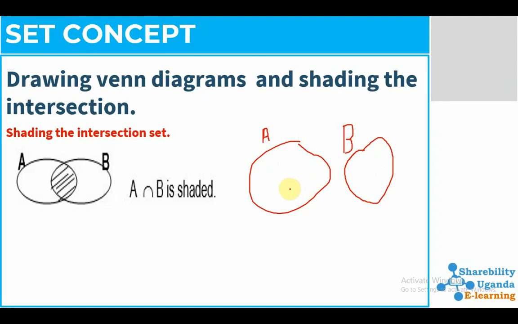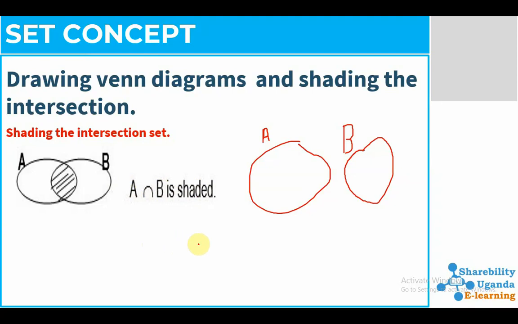So in drawing Venn diagrams and shading the intersection part, we have been given an example here: from our set A and our set B, they combined these sets together, and they came out with this, saying this is A and this is B. In writing, they say A intersection B is shaded.